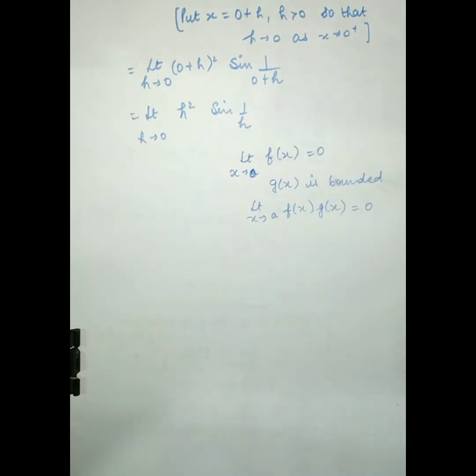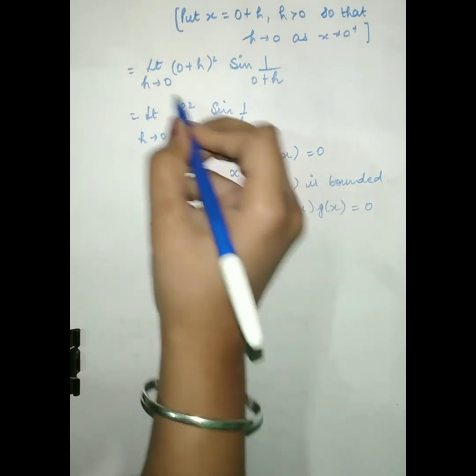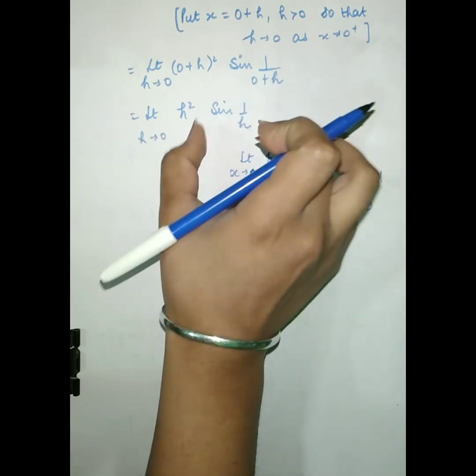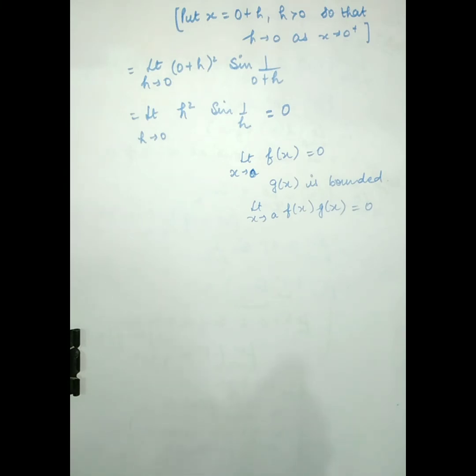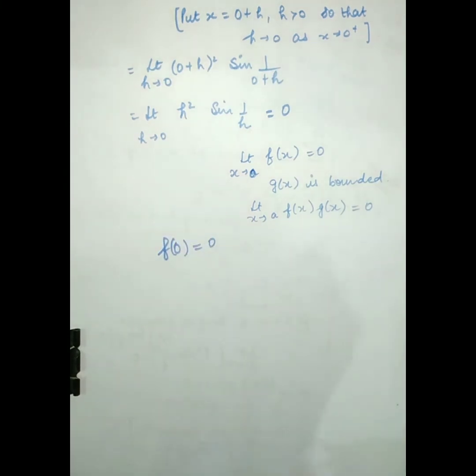Here we have the term limit h approaches 0 of h square, which becomes 0 by putting the limit, and the other factor is a bounded function, so the value of this becomes 0.